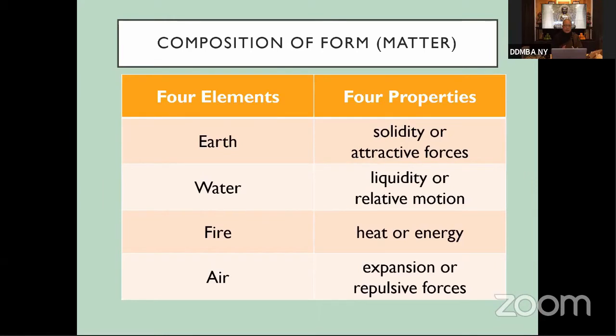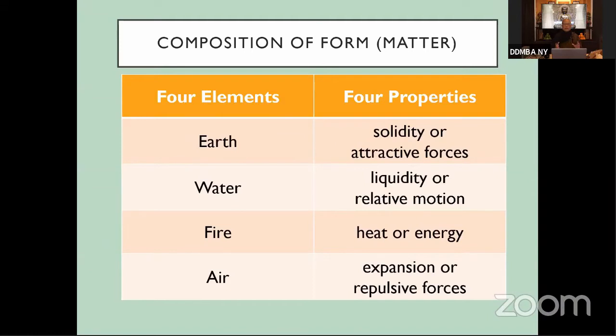And also together with the four properties from the four elements, which are the solidity or attractive forces from the earth element, and liquidity or relative motions from the water element, and heat or energies from the fire element, and expansion or repulsive forces from the air element. Together, these eight factors dominate the composition of the form.